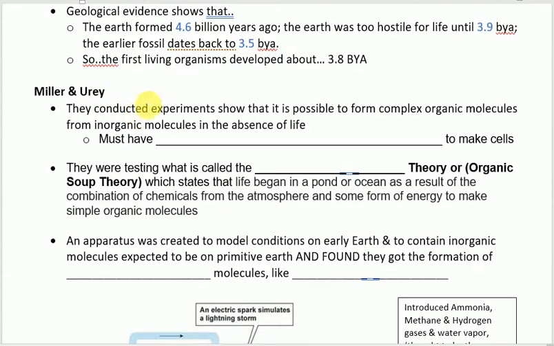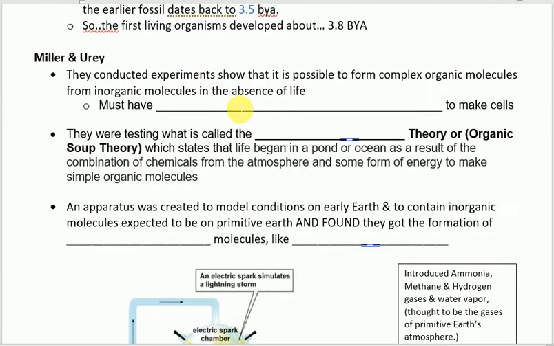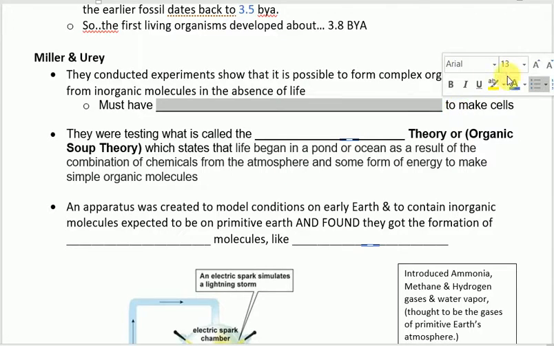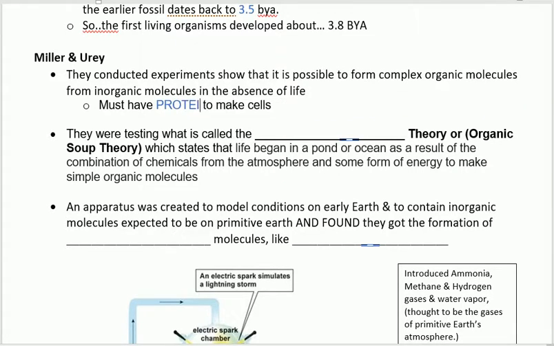So there's a couple of scientists named Miller and Urey, and they conducted experiments, and they showed that it's possible to form complex organic molecules from inorganic molecules in the absence of life. And what they said was that you must have proteins, carbs, lipids, and nucleic acids to make cells.